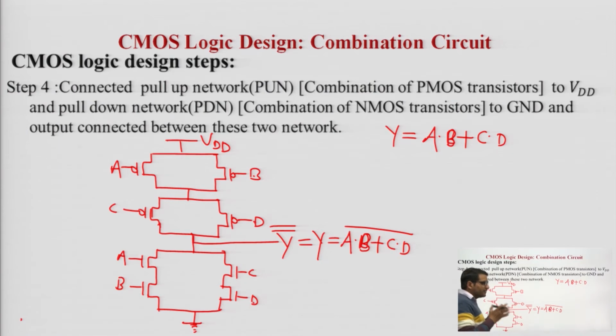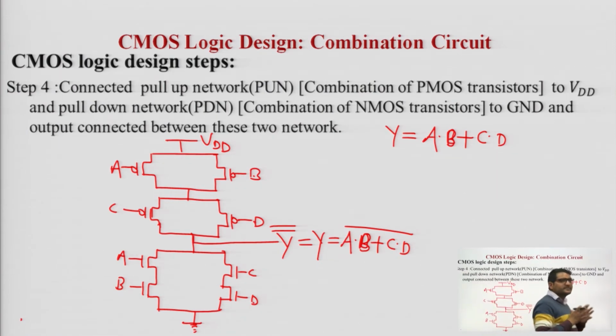So they are dual networks. What the duality theorem says is that the plus operation is converted into the dot operation, OR operation into AND operation, series combination into parallel combination, or parallel combination into series combination, but the input does not change. Input remains as it is. A is A, B is B.